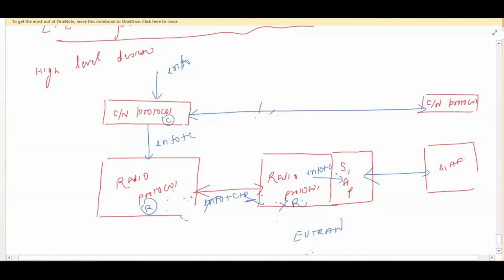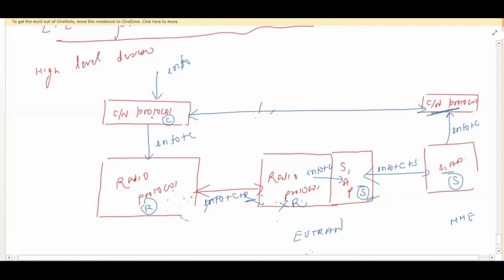Now the S1AP protocol cannot understand what C is, so it will also forward it, adding its own header, say S. So info plus C plus S is transmitted. Now in the MME, out of this, the S1AP understands S. The rest of the information, info plus C, is passed up. Now the MME core network protocol can understand C. Why?